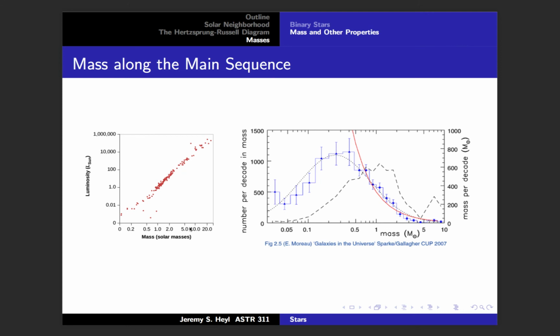Not because those stars are common, it's because we can see them over a great distance, okay? The other stars that we look at in the sky at night, for the most part, only very few of them are lying along the main sequence. Very few of them are around the mass of the sun on the main sequence.